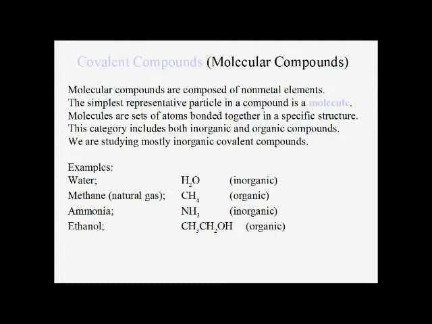We can categorize our compounds in a couple different ways. So covalent compounds, which could also be called molecular compounds, are compounds containing nonmetals with nonmetals. Nonmetals bonded with nonmetals are covalent compounds.